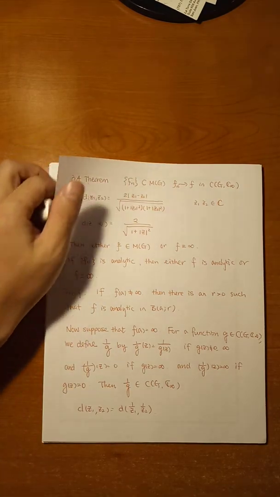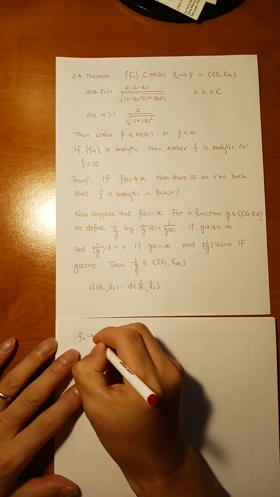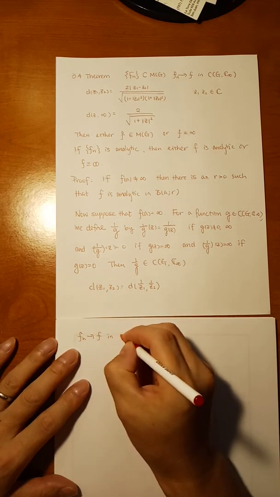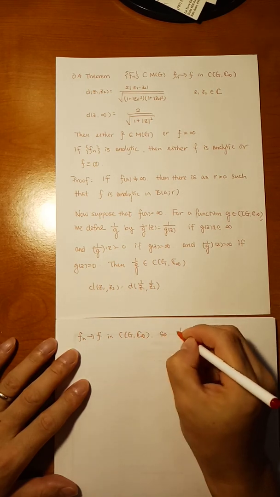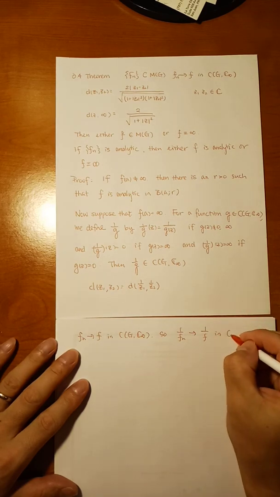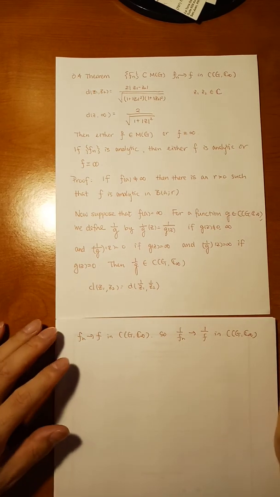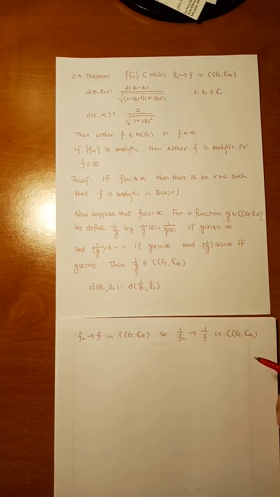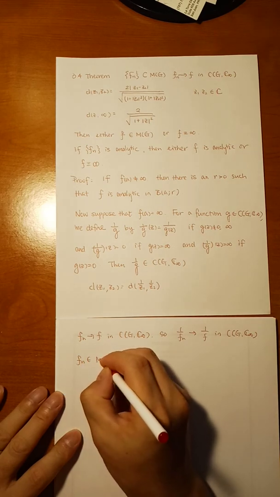So how do we use this? Fn converges to F in C ∪ {∞}. So 1/Fn converges to 1/F in C ∪ {∞} because of this equality of the distance. Fn is a meromorphic function.